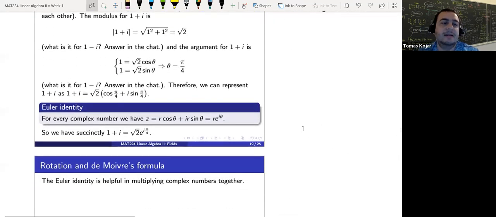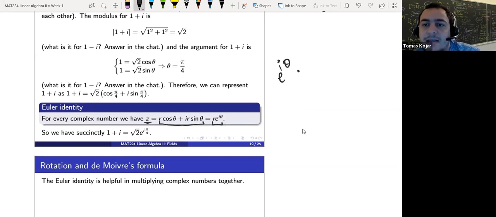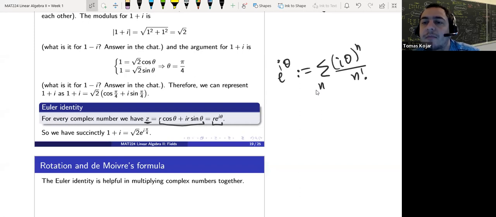And finally, we're just gonna mention it, the Euler identity. So if you know that z can be written in this polar form, then you can also further write it in exponential form. Just to explain this, e to the i theta is again defined as the power series sum of (i theta) to the n over n factorial from n equals 0 to infinity, right?